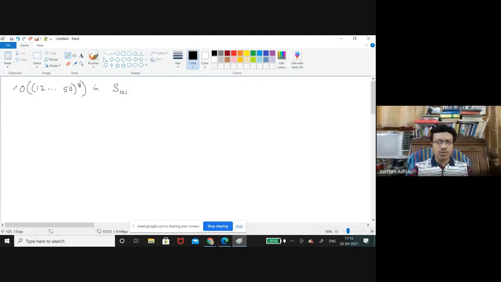So to solve this problem, we are going to use a simple formula. The formula is, let G be a group, and let A belong to G, be an element of G. Let order of A equal n.